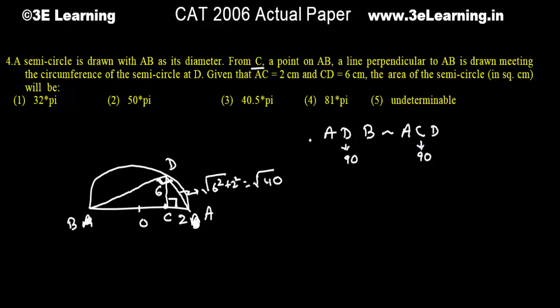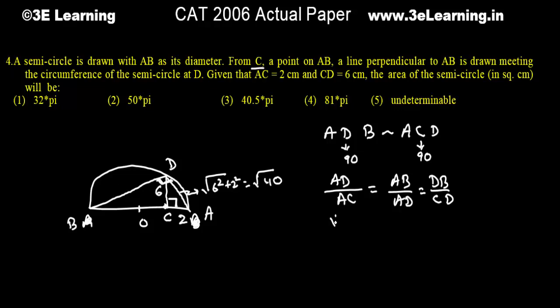So this is the perfect similarity condition. We can write the similarity ratio: AD upon AC is equal to AB upon AD is equal to DB upon CD. We have a lot of formulas for this figure, but I am solving with a concept.